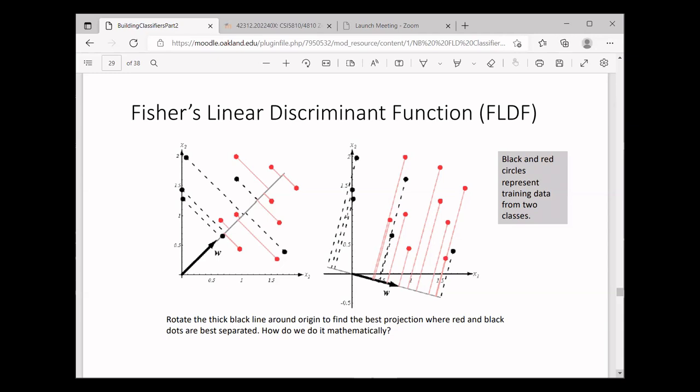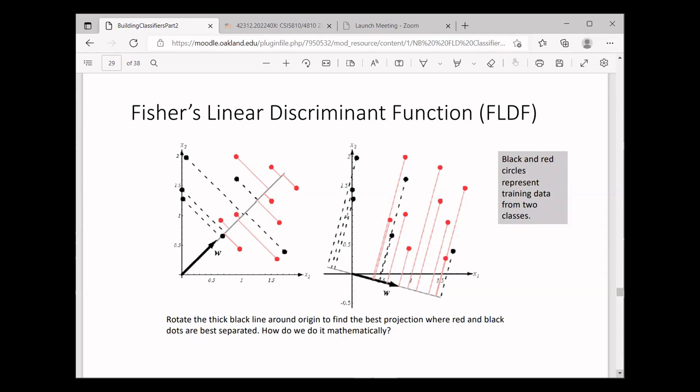And there is a nice gap between these 2 sets of projected points. And if we can do that, then we can use that projection as a way to perform classification.